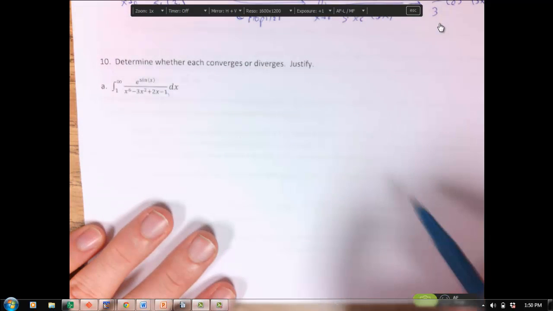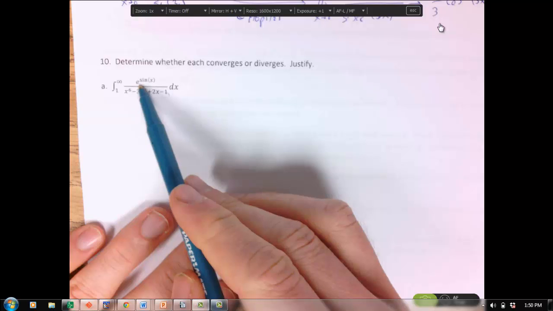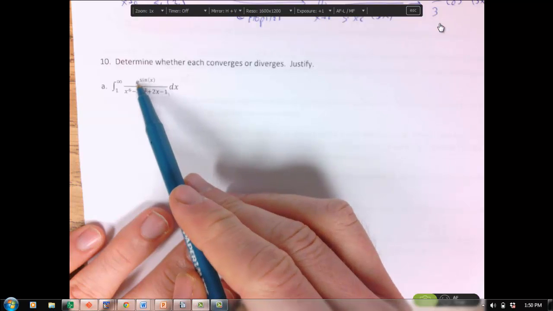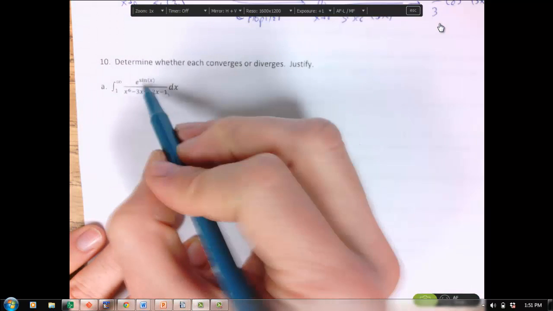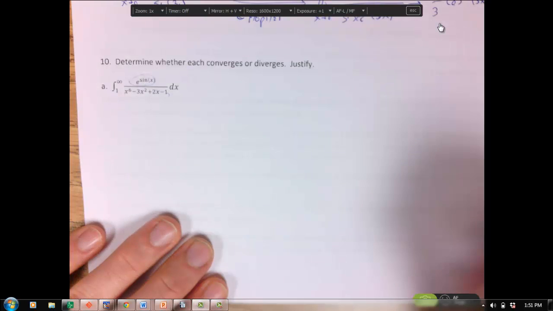So I know sine oscillates between -1 and +1. So that means the value of the numerator must oscillate between e to the 1 and e to the -1, both of which are positive constant values. So we can do this one again with a sandwich.